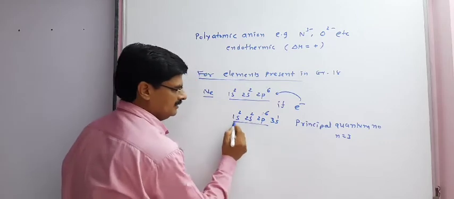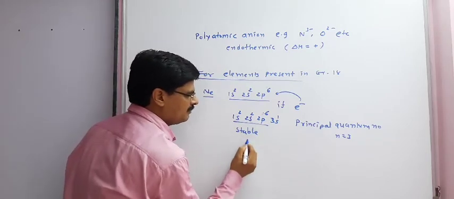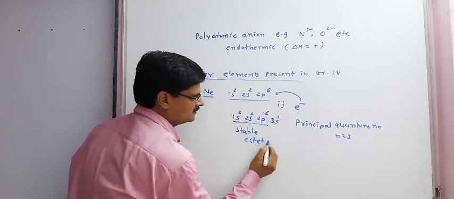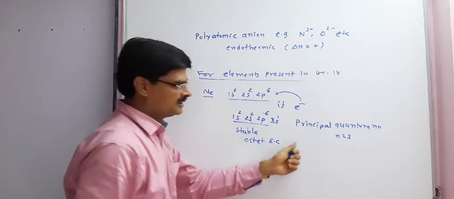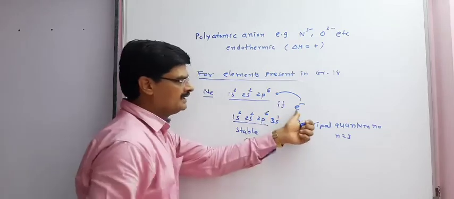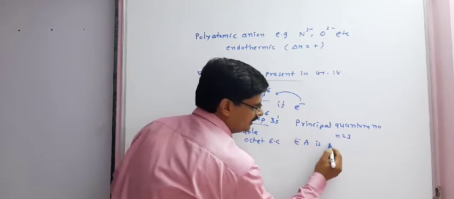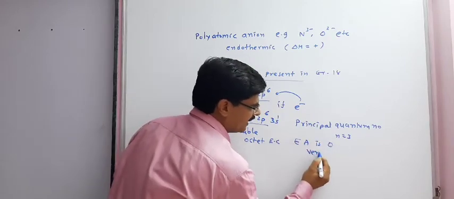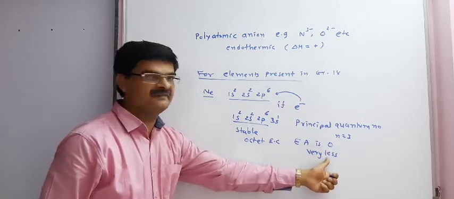Already it is stable, 1s2, 2s2, 2p6 is a stable octet configuration. Even if we want to add an electron, electron affinity is 0, or we can say very less.